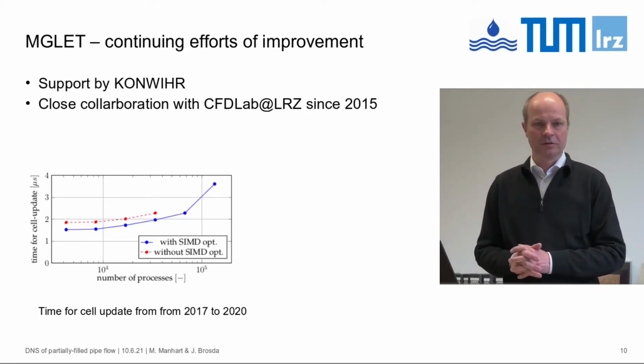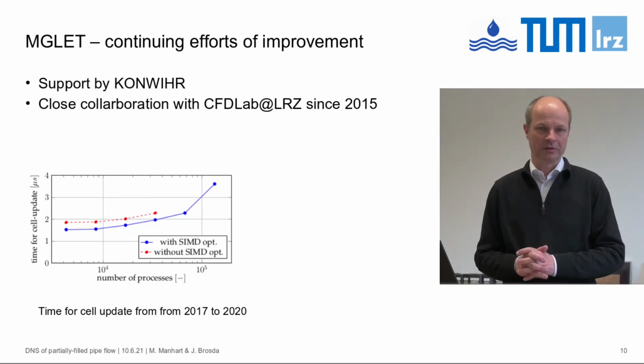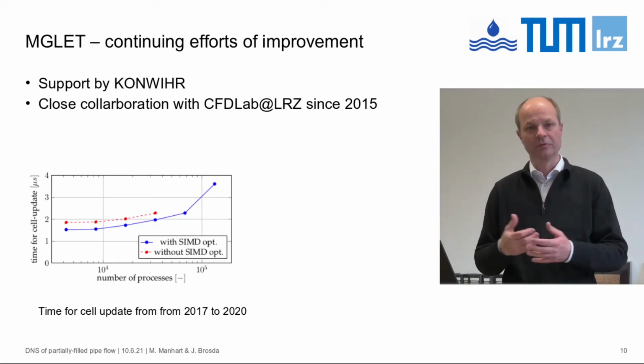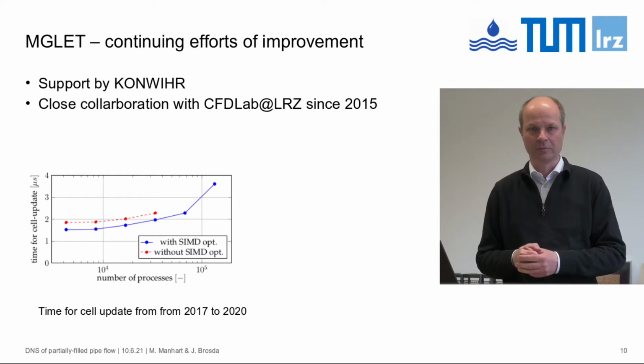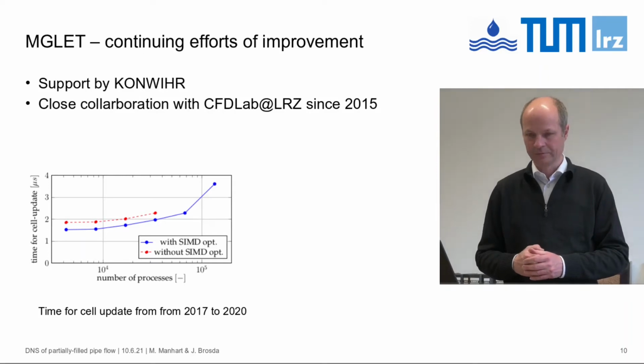And there are still ongoing efforts. Currently, we are exploring the use of GPUs and also improvement of the pressure solver, the Poisson solver, which consumes most of the CPU time in our method.